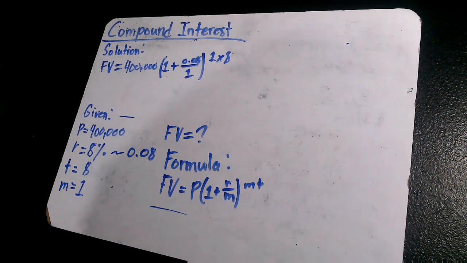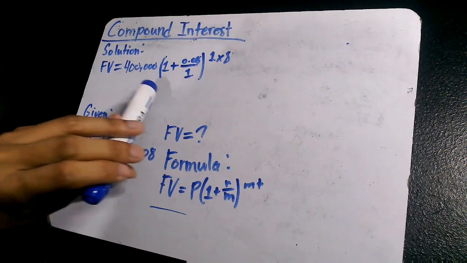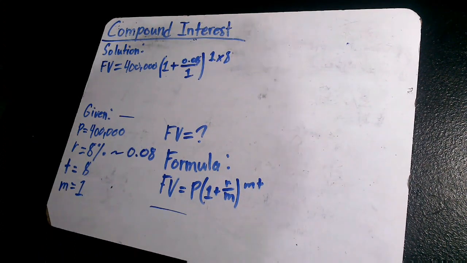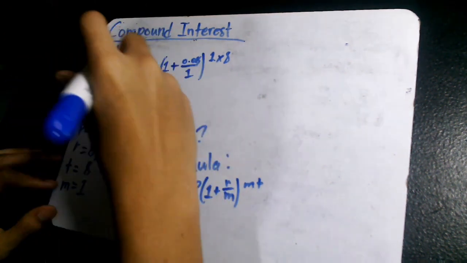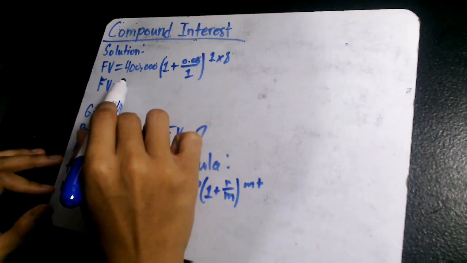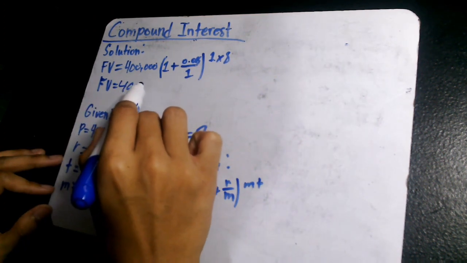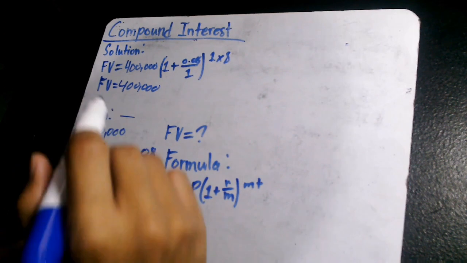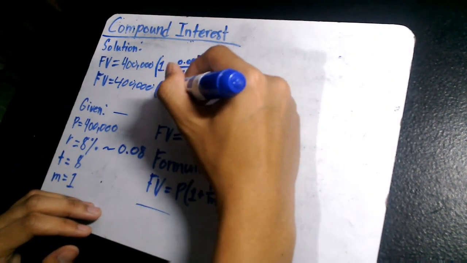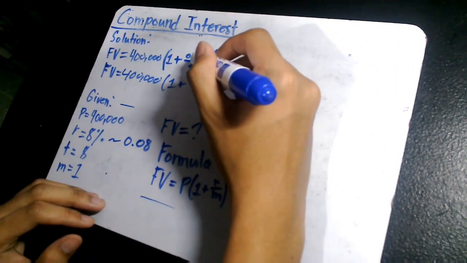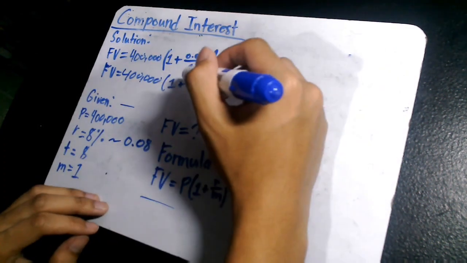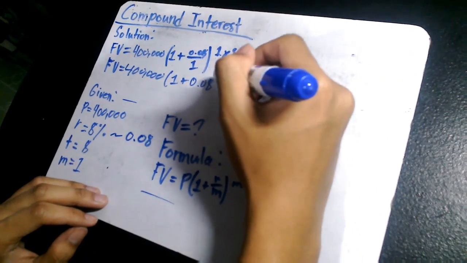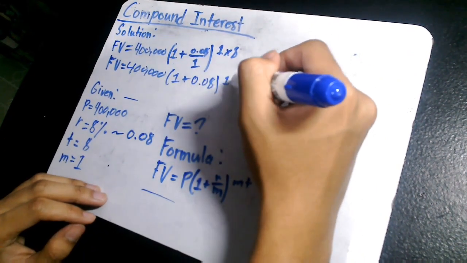First, let us solve the equation inside the parentheses, since the equation in the parentheses will be solved first. 400,000 should stay, and 1 plus 0.08 divided by 1 is still 0.08, raised to the power of 1 times 8.